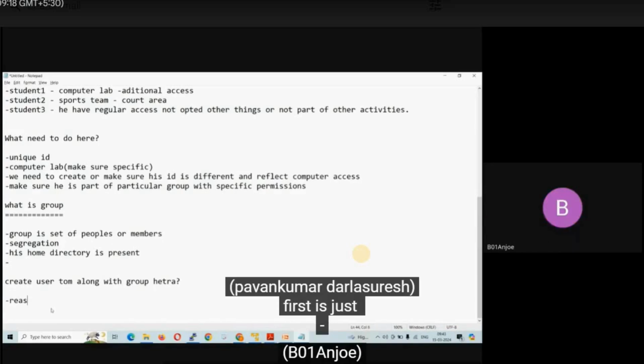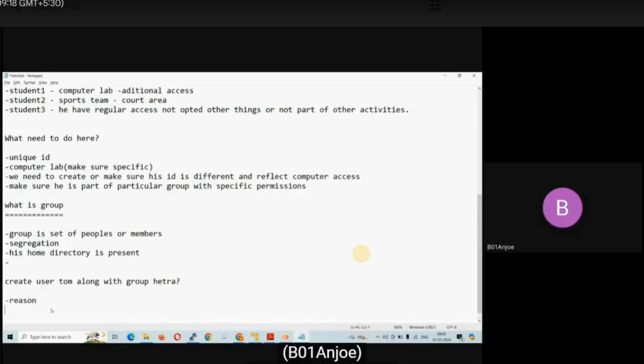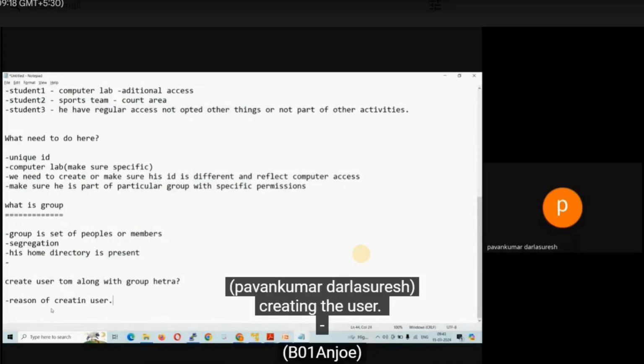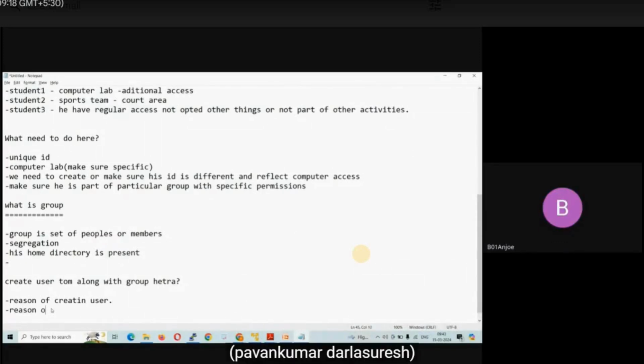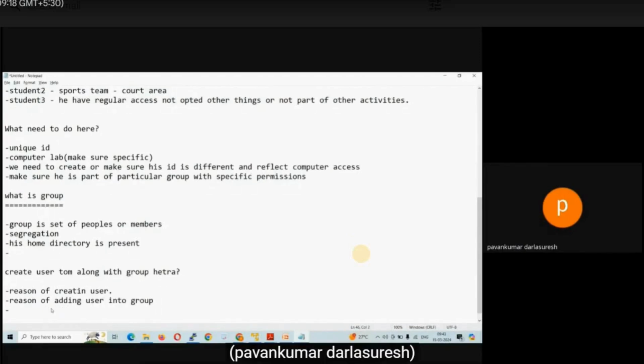First, why should Tom be created? Why should Tom be added to the group? First, we need to get the information on the reason for creating the user and the reason for adding the user into the group.